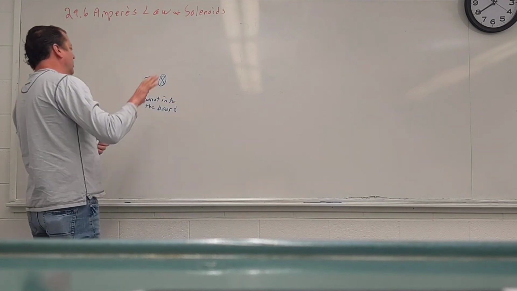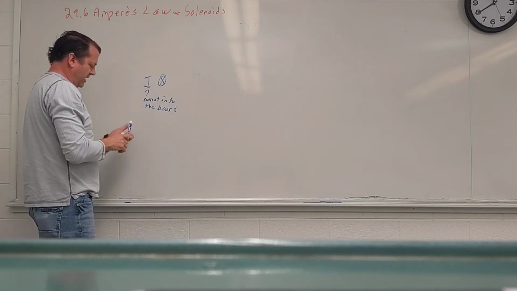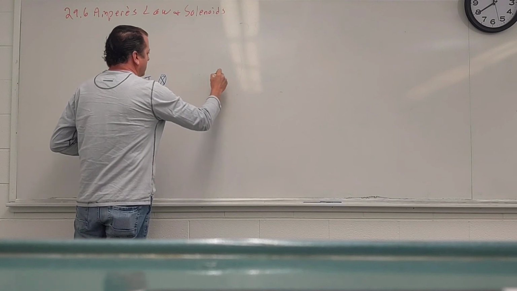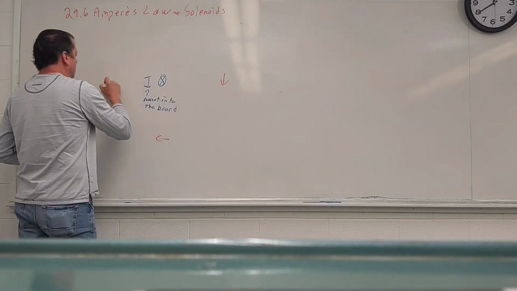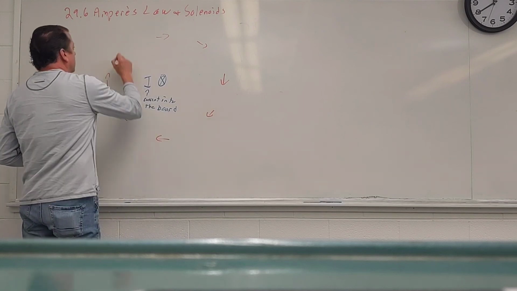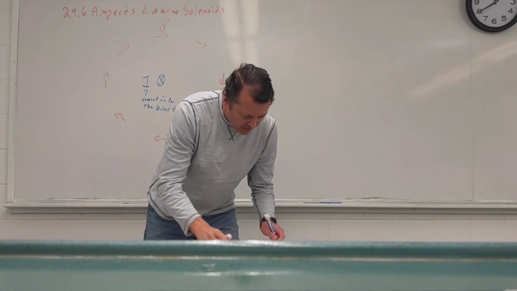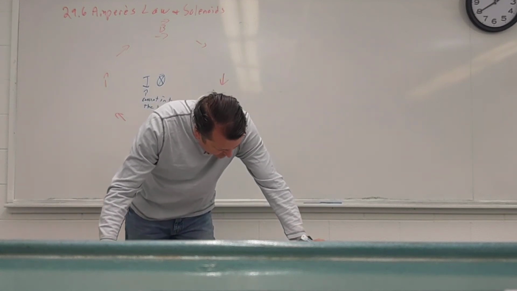Now, if it goes in, use the right-hand rule and go around. So if that's true, then my B field here would look like this. That's my B field. That's what my B field looks like.